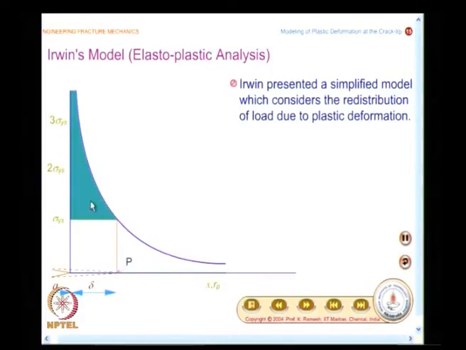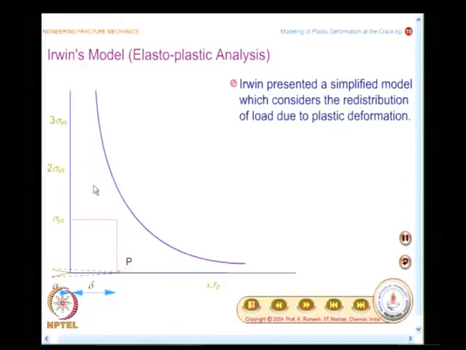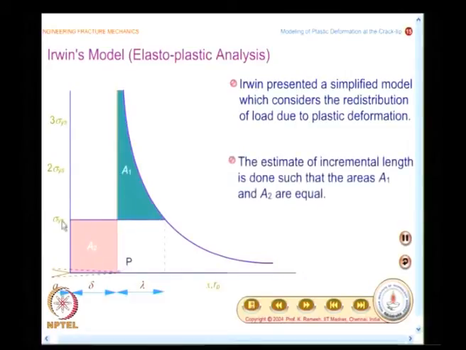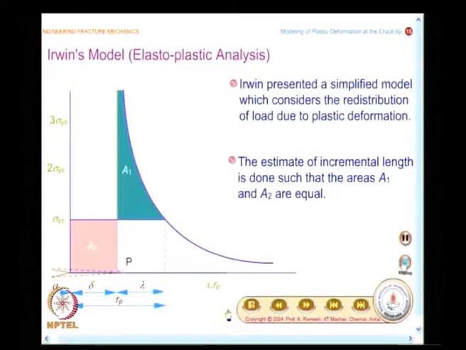Since this has to be taken care of by the neighboring material, you will have a larger plastic zone ahead of the crack tip, and you will have to find out the areas marked as A2 and A1 such that they are equal. Is the physics clear? If you want, I will again redo the animation. You just observe the animation.